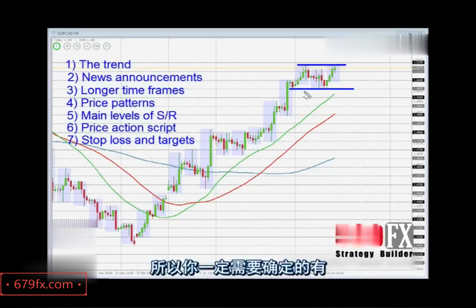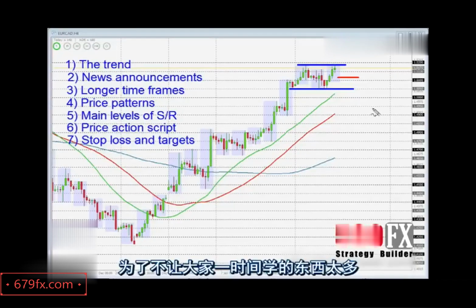So you always want to know where you will place your stop loss level, your first target, if there is any, and your final target. Like I said, I don't want to overload you with information. You will receive plenty of info about stop loss levels and price targets in chapter number 4.